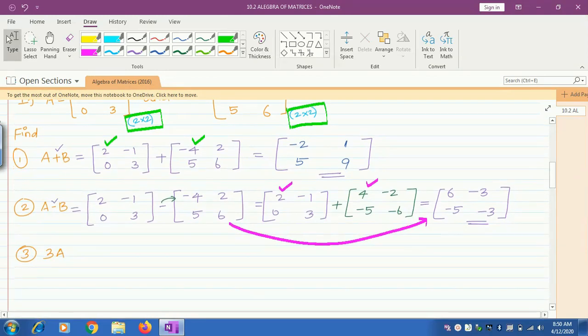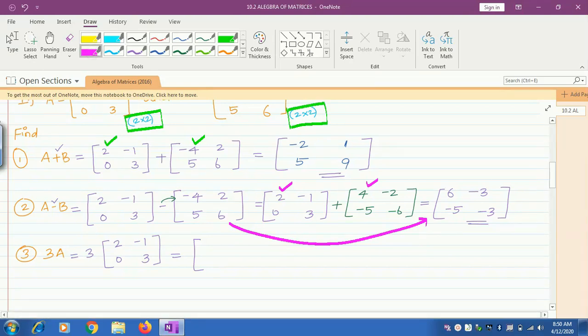So here the next one, what is given? I have to find 3 into A. What is the matrix A? This is 2, minus 1, 0, 3. So just multiply the matrix with 3. So what happened here? If you multiply these 3 inside, you will get 6.